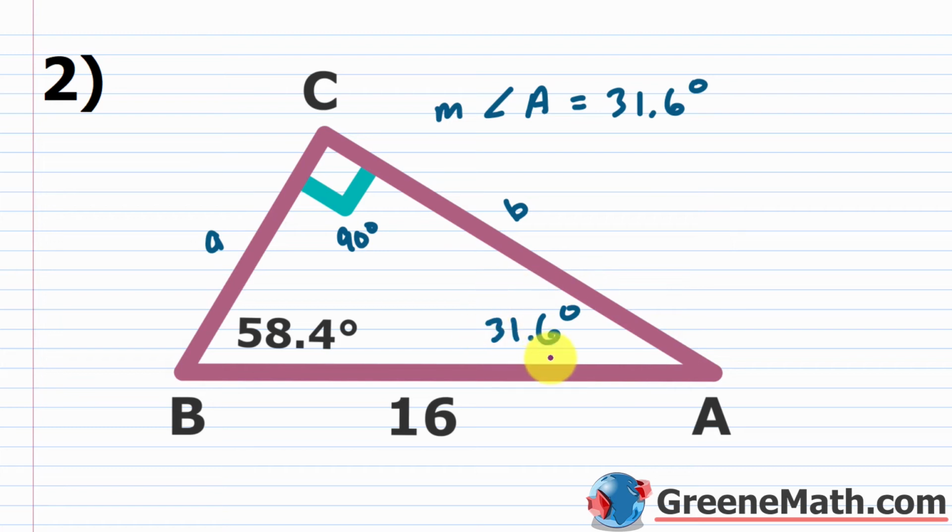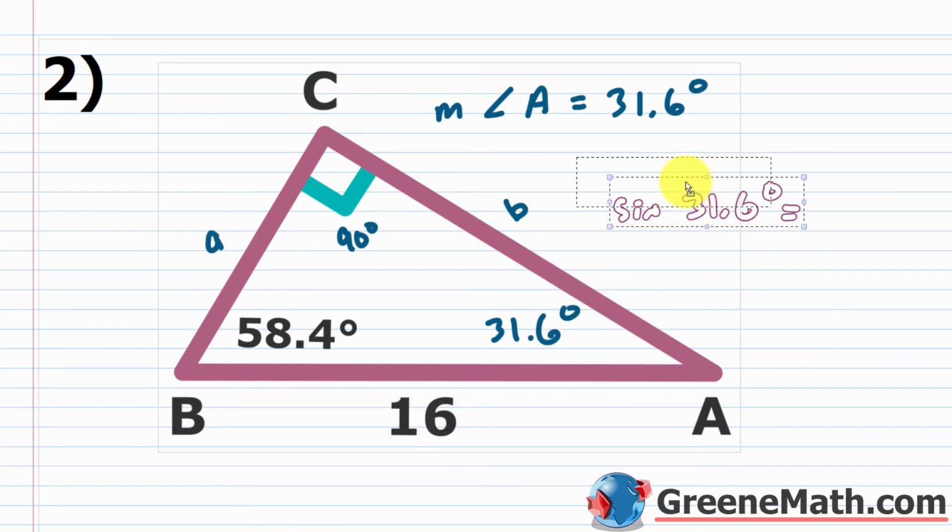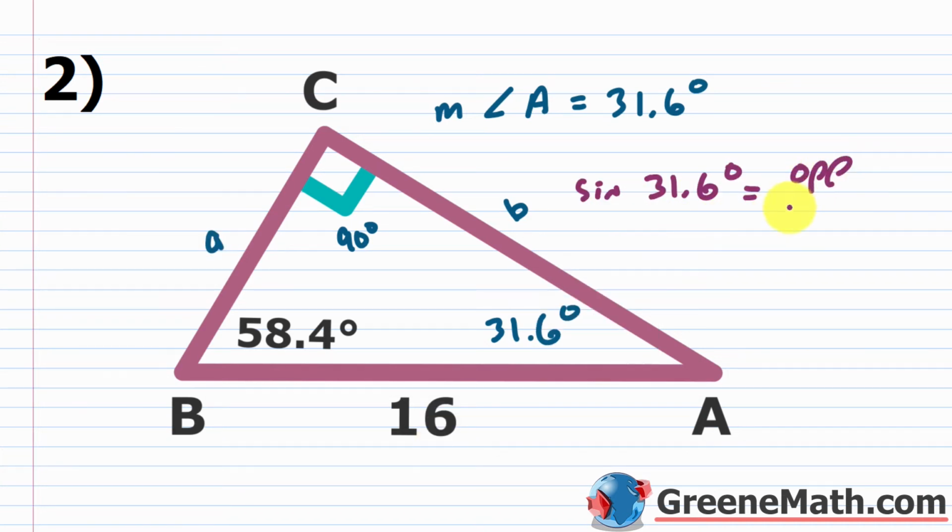It's not an approximation, so you won't have an issue there. I will go ahead and say that the sine of this 31.6 degrees is equal to your opposite over your hypotenuse. So let me write this out so nobody's lost. In this case, your opposite is A, and your hypotenuse is given as 16.